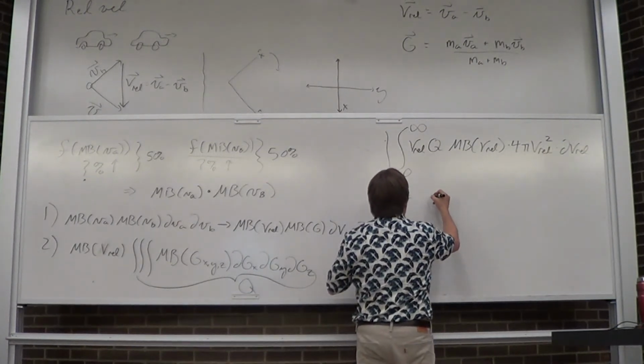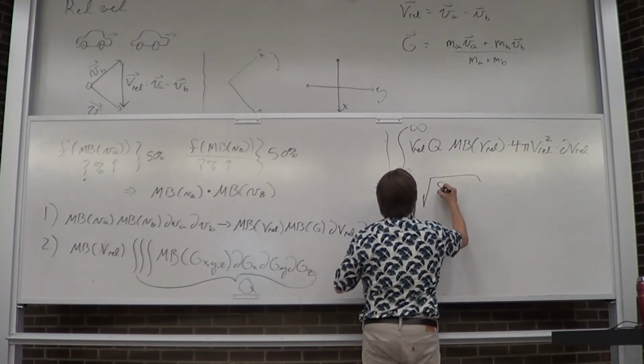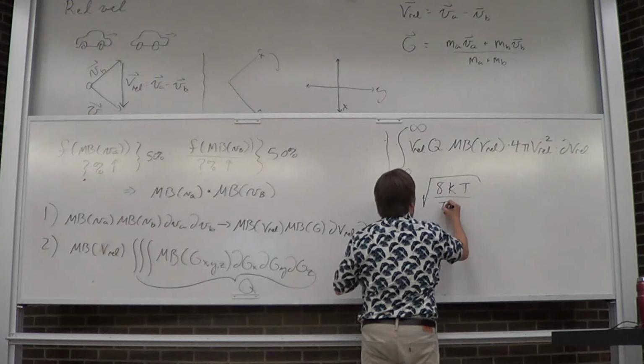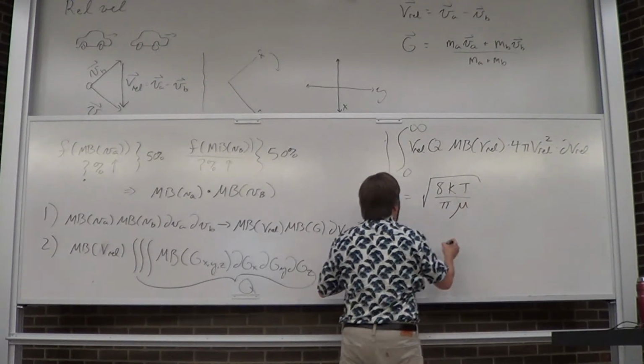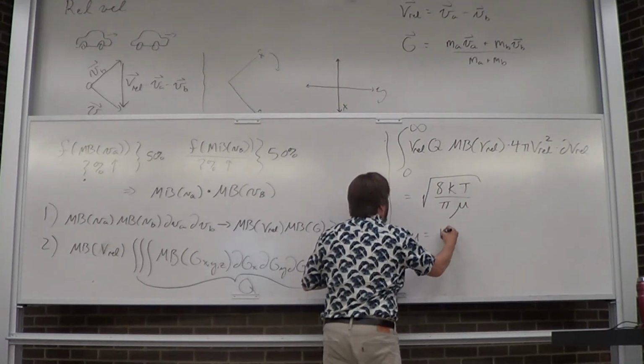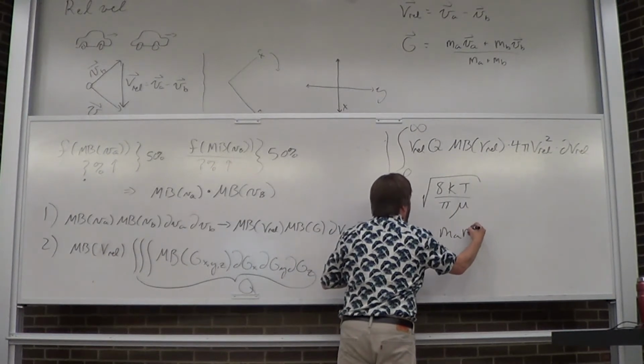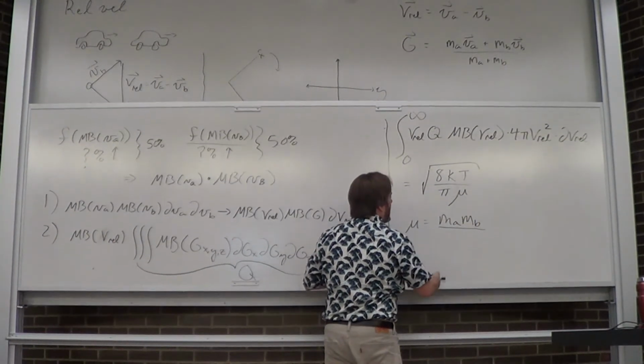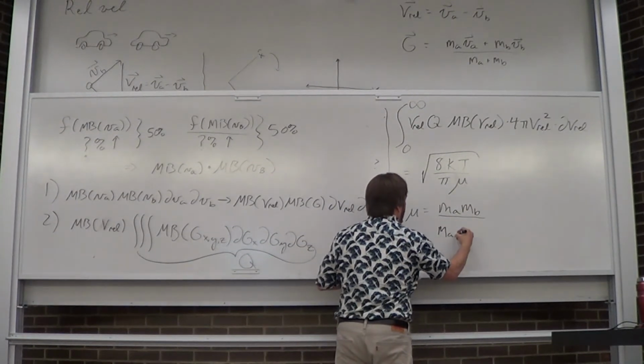What you end up with is the square root of 8kT over pi times the reduced mass, where reduced mass is going to be MA MB over MA plus MB. You probably have seen this in physics mechanics.